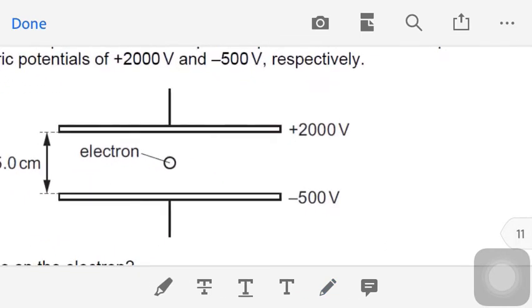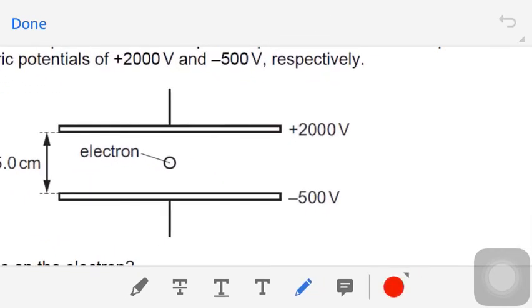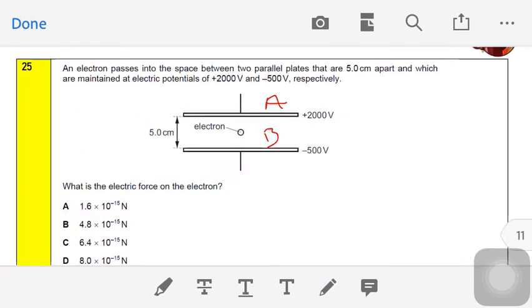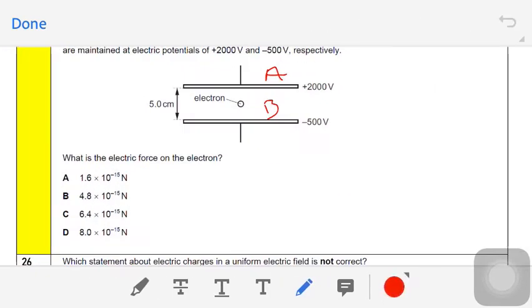The top plate, let's say the top plate is A and the bottom plate is B. So we can write an equation saying that the potential difference between the plates, that is V, is equal to VA minus VB, right?